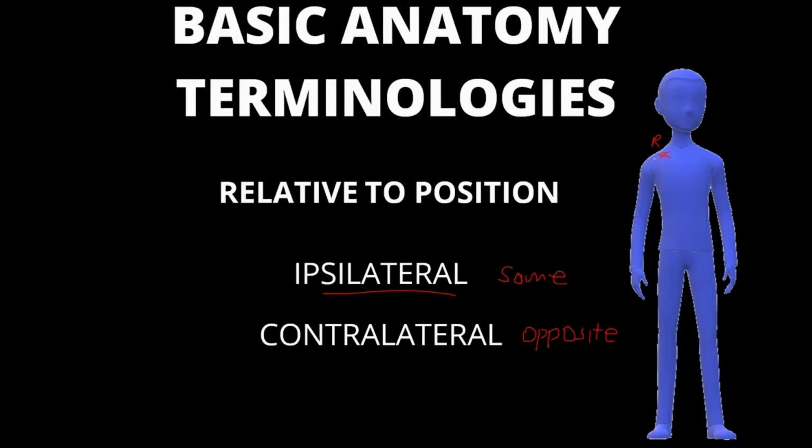So if you would describe the condition of the right upper limb, then you can say the ipsilateral limb, meaning you are discussing the limb that is on the same side where the fracture is. So if this is the ipsilateral, then the other limb, which is the left limb, is the contralateral.